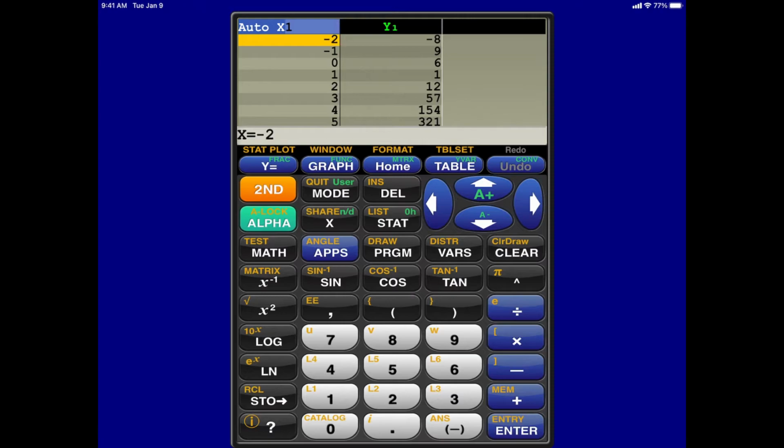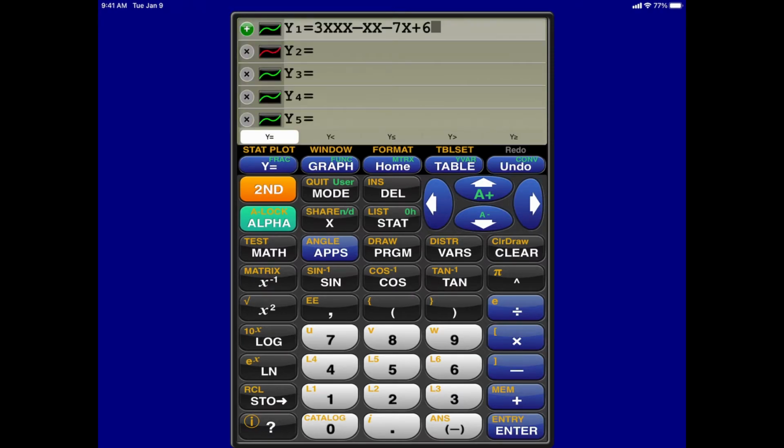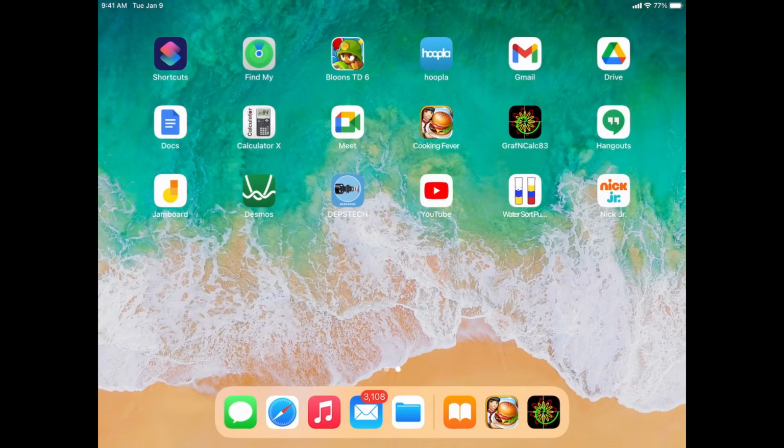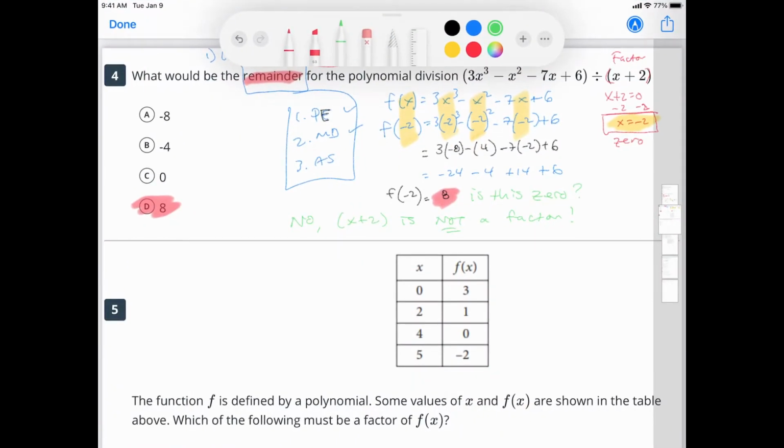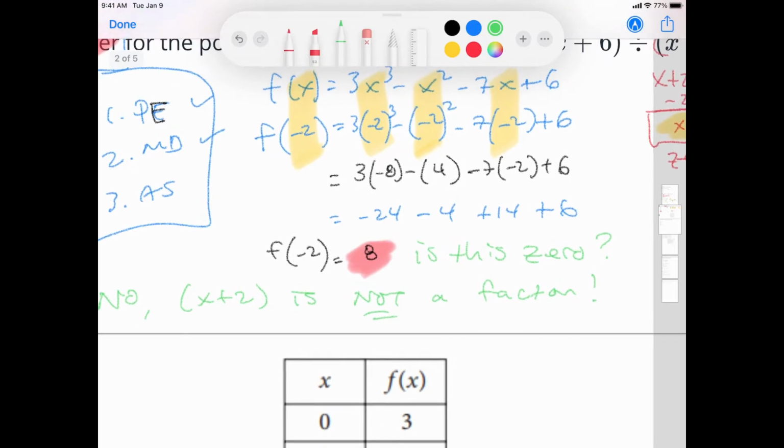Let's double check. 3x cubed minus x squared minus 7x plus 6. Let's double check our work here. -2 cubed is -8.